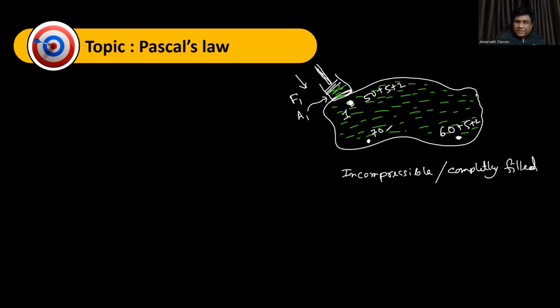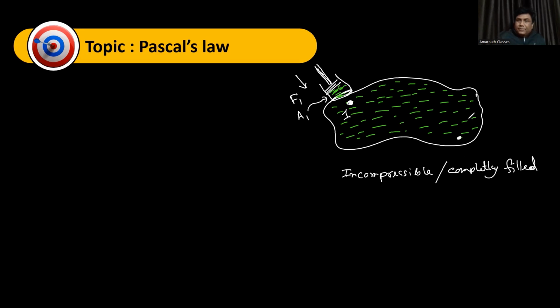And if I take another point, say point C, which earlier had pressure 70, you remember the pressure is not the same, 50, 60, 70. But if I press it, the pressure will increase by 5 everywhere. It means the increment or decrement of pressure is transmitted everywhere undiminished, in an incompressible, non-viscous liquid completely filled in a container.